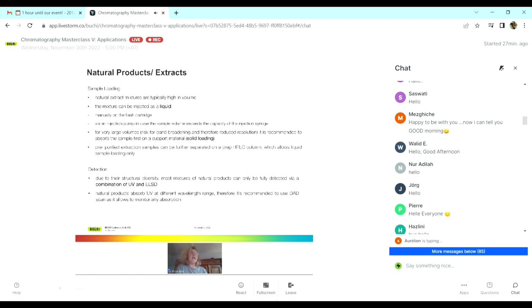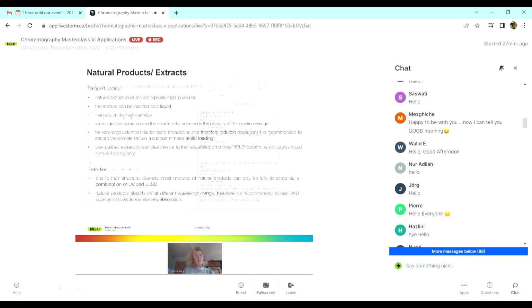So here the recommendation is to combine UV and ELSD. And DAD is the choice here, because if you know the absorption spectrum of your target compound, it's very easy to see if this is really your product or not, because you have the full absorption spectrum. So, a combination of UV and ELSD.